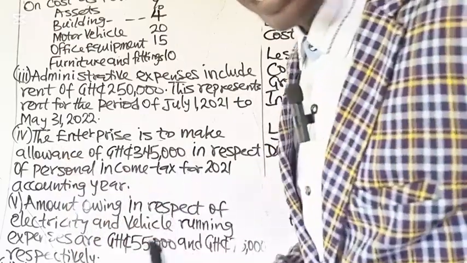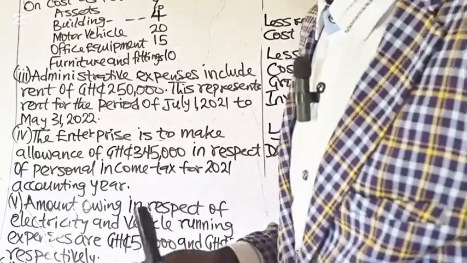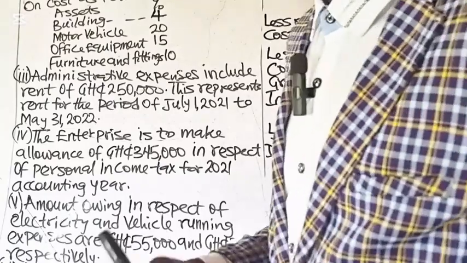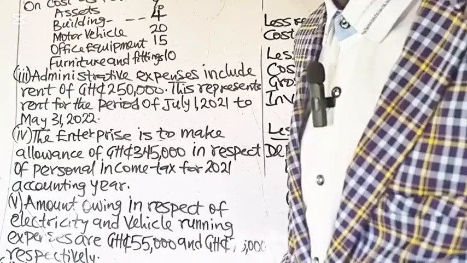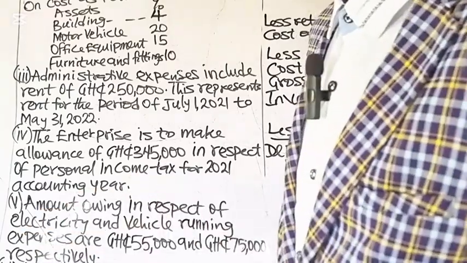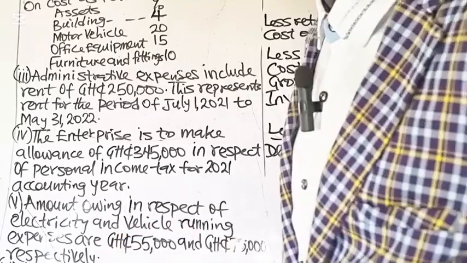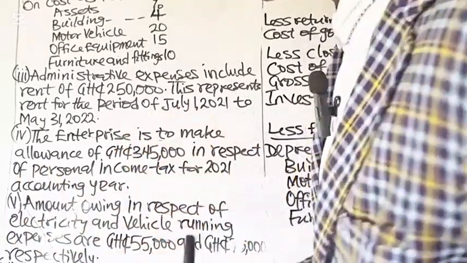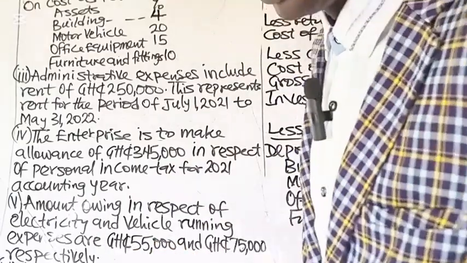But the accounting concept used in the preparation of the statement of profit or loss is known as the periodicity concept, or interval concept. The periodicity concept states that financial statements are prepared at a regular interval, usually a year.